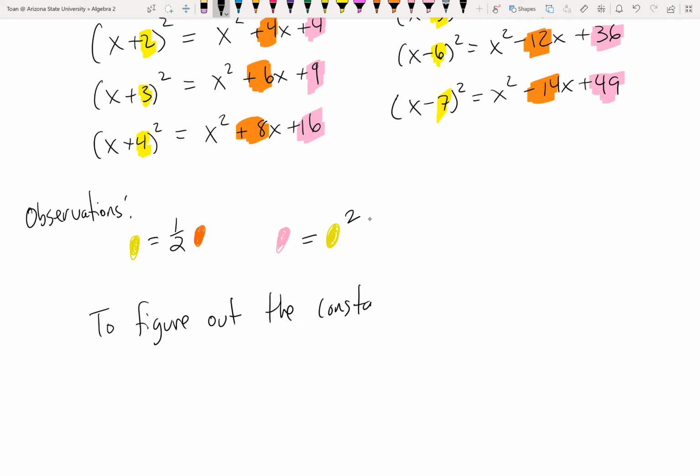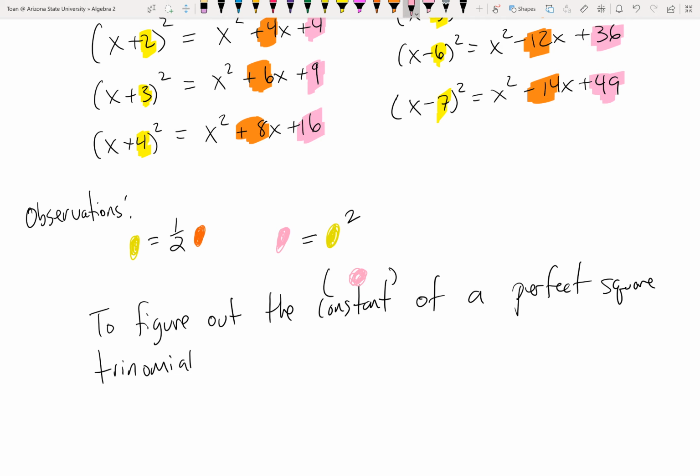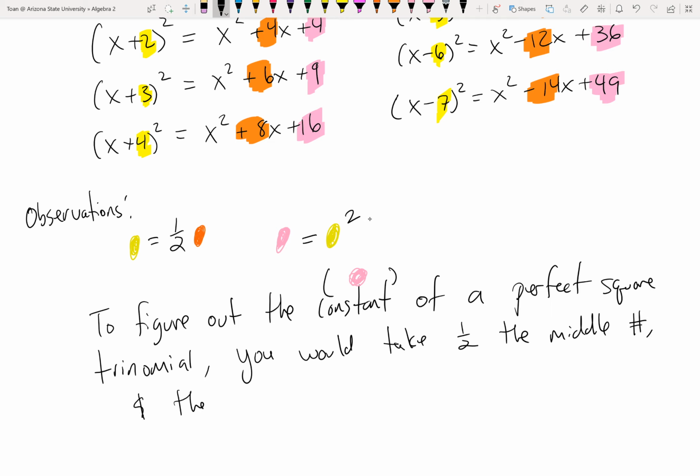If we were to put these two ideas together, what it says is, to figure out the constant of a perfect square trinomial, now, if you don't know what the constant is, the constant was the pink number. To figure out the pink number, you would take half the middle number and then square it.